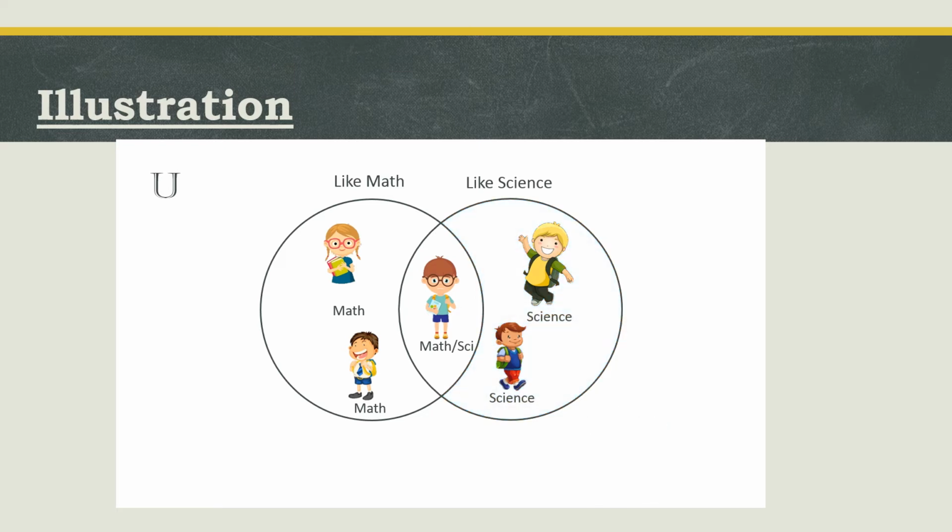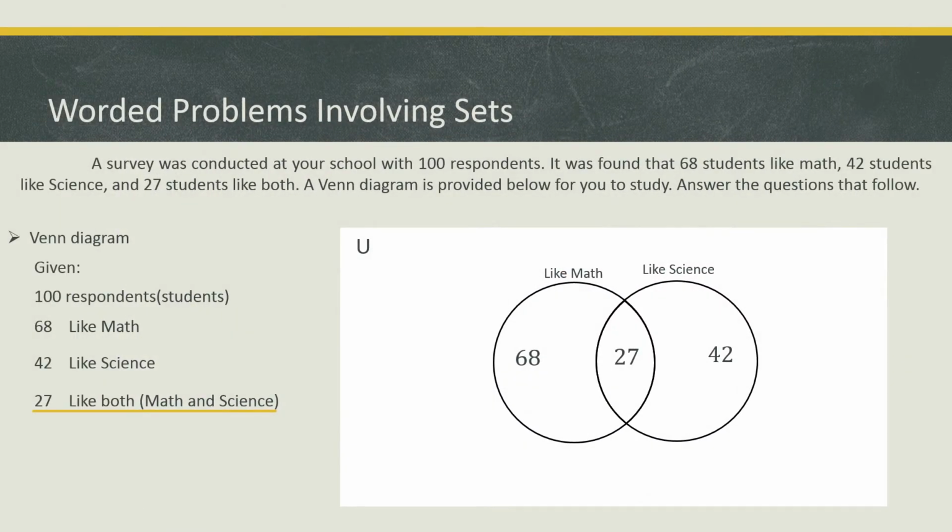Okay, let's go back to our problem solving. Okay. So look, class. The 27 books in our intersection are also counted in your 68. Meaning it is included in the 68.